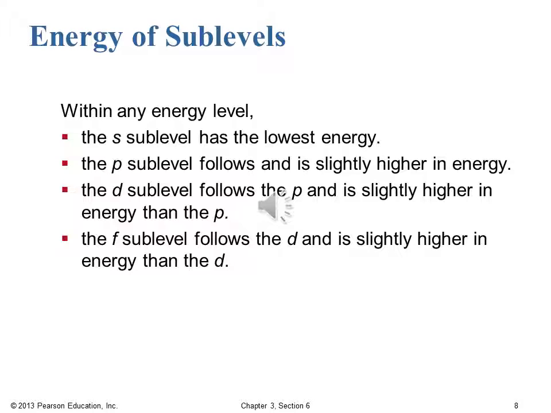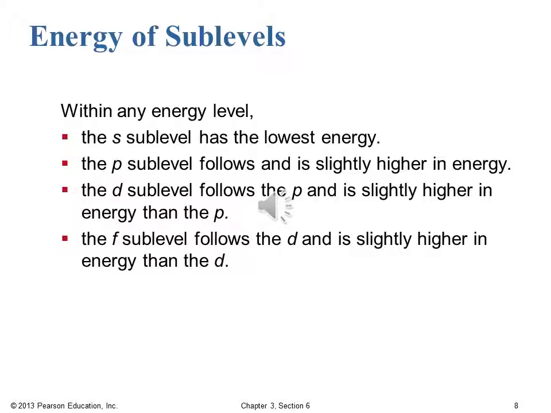Within any given principal energy level, the s sublevel is always going to be the lowest in energy. There's always some probability of finding s electrons at the nucleus, and so they tend to have a lower energy than p sublevels, which are the next sublevel in energy after s and are slightly higher in energy.